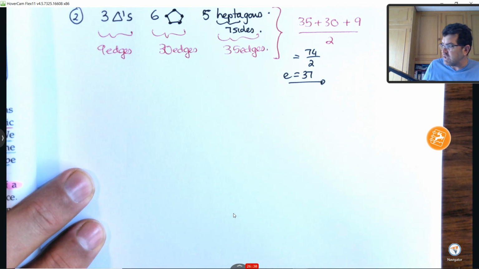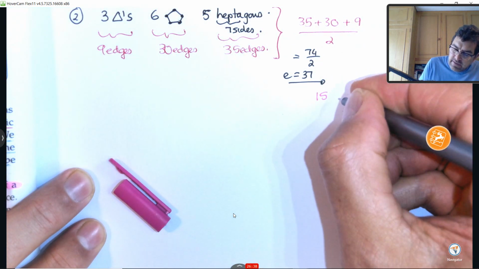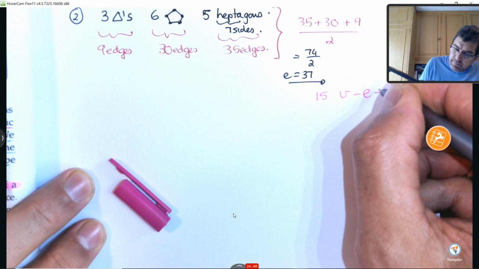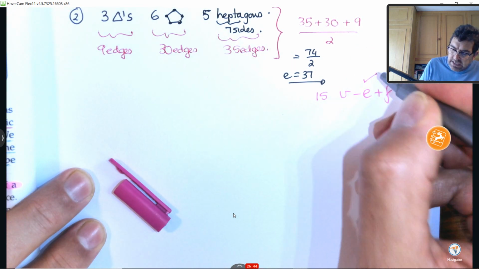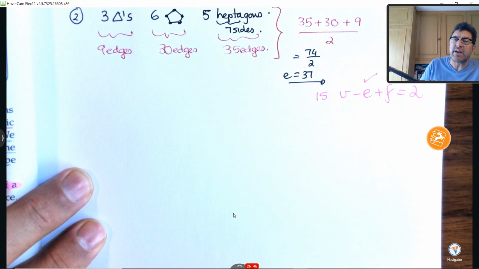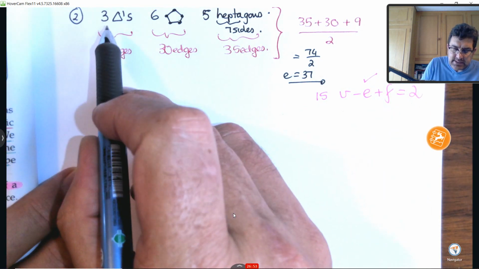So eventually we're going to ask ourselves, is V minus E plus F equal to 2? We've got a legal amount of edges. Now the number of regions, so we're going to zoom in on the faces.